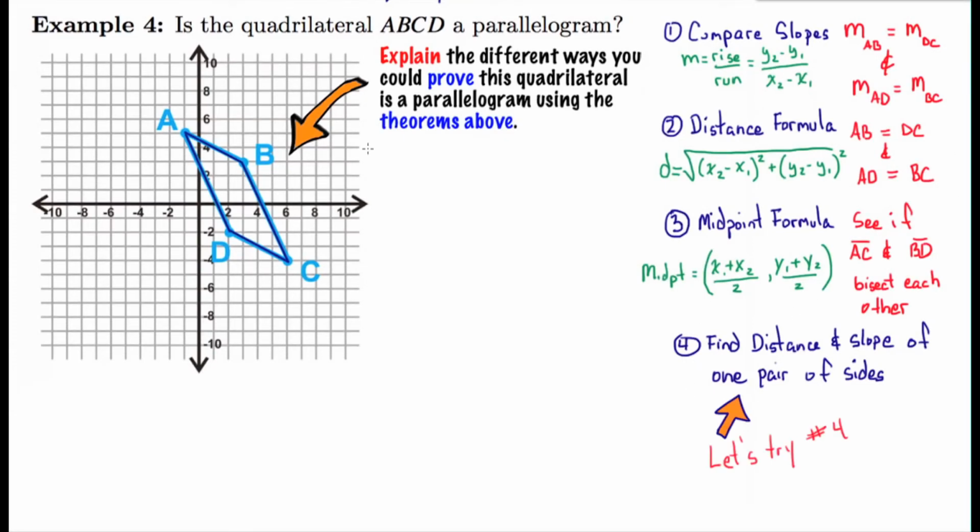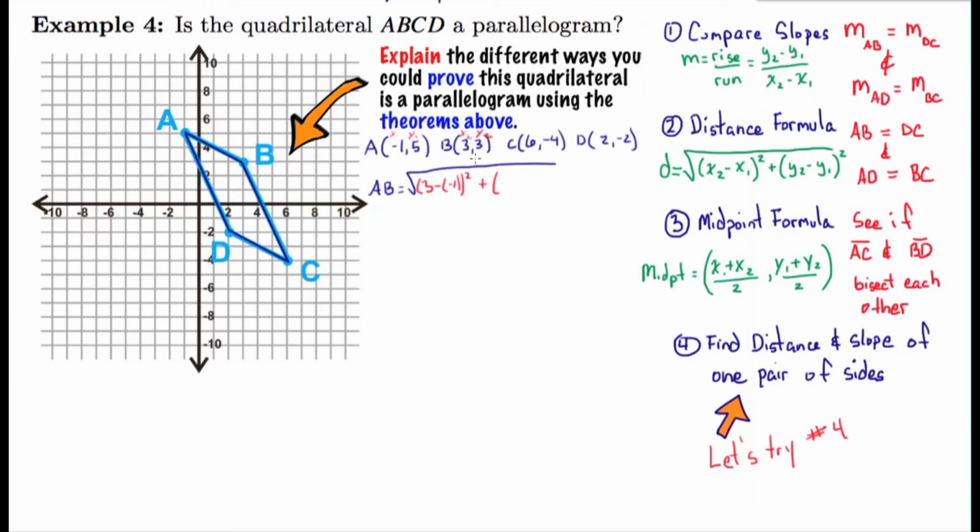So I have to do a combination of finding the distance and slope. So I'm going to write down the coordinates here for A, B, C, and D. Let's find the distance of segment AB, and then we'll find the distance of segment DC, and then we'll also compare the slopes. So I'm going to call point A x1, y1, and B would be x2, y2.